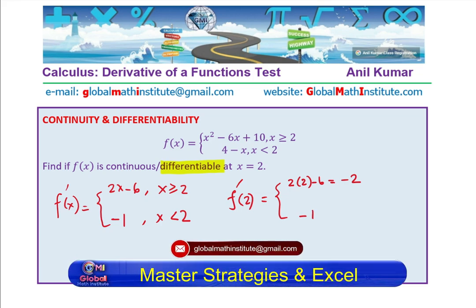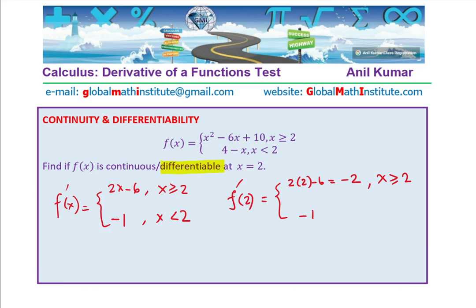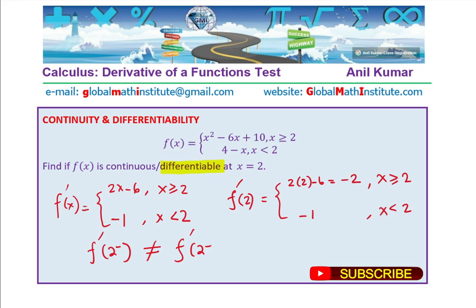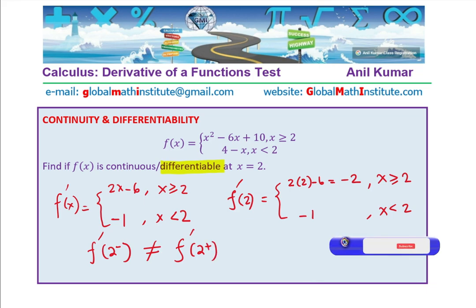So what we notice here is that for the piece which is greater than or equal to 2, the slope of the tangent line is minus 2, and before 2, it is minus 1. So they do not match. Since the derivative approaching from the left side is not equal to the derivative from the right hand side, we say it is not differentiable. Make sense?